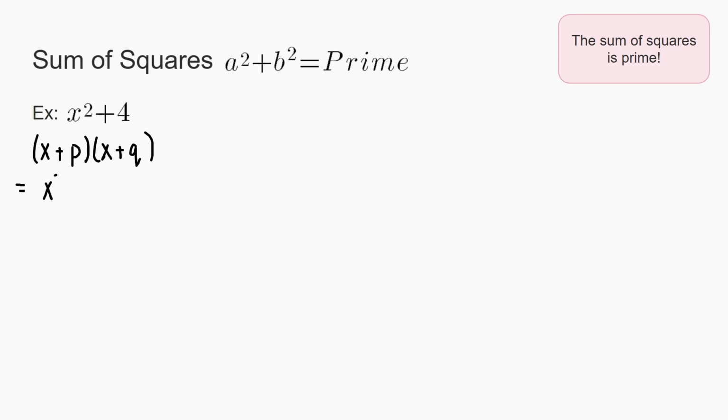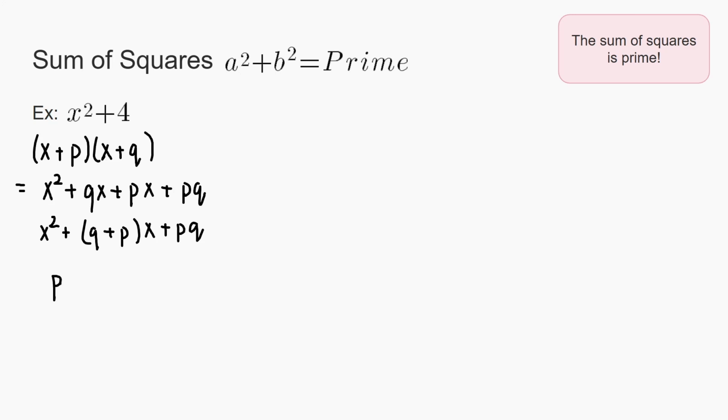This gives us x squared plus qx plus px plus pq, so we have x squared plus q plus p x plus pq. We're looking for two numbers where p plus q is equal to 0, because there's 0x up here, and p times q is equal to 4.